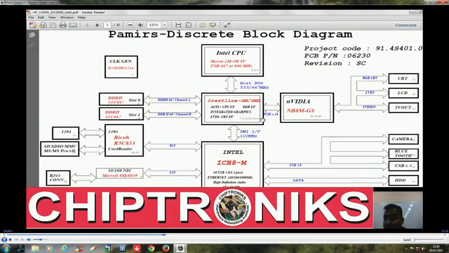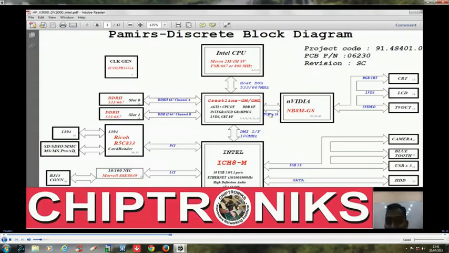Whereas between GMCH and NVIDIA we have PCI Express 16. In earlier boards we used to have PCI, not PCI Express. What are the differences between these 2 kinds of connections? I have just briefly mentioned those differences. PCI Express is a newer version of PCI. PCI was basically a parallel technology in which many devices can be connected through the same set of wires, thus dividing the speed, whereas PCI Express is a point-to-point connection.